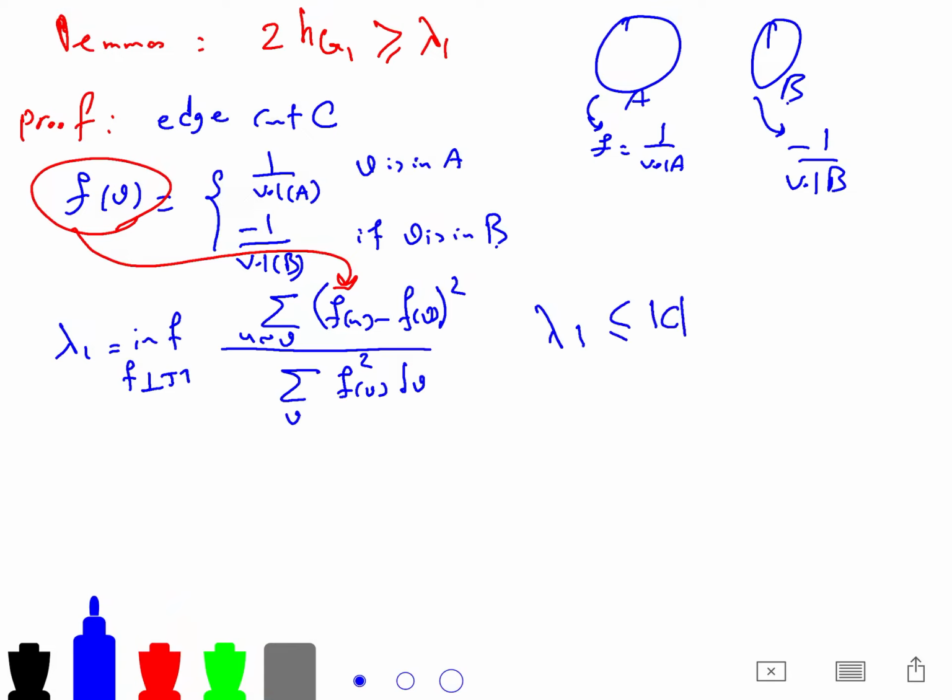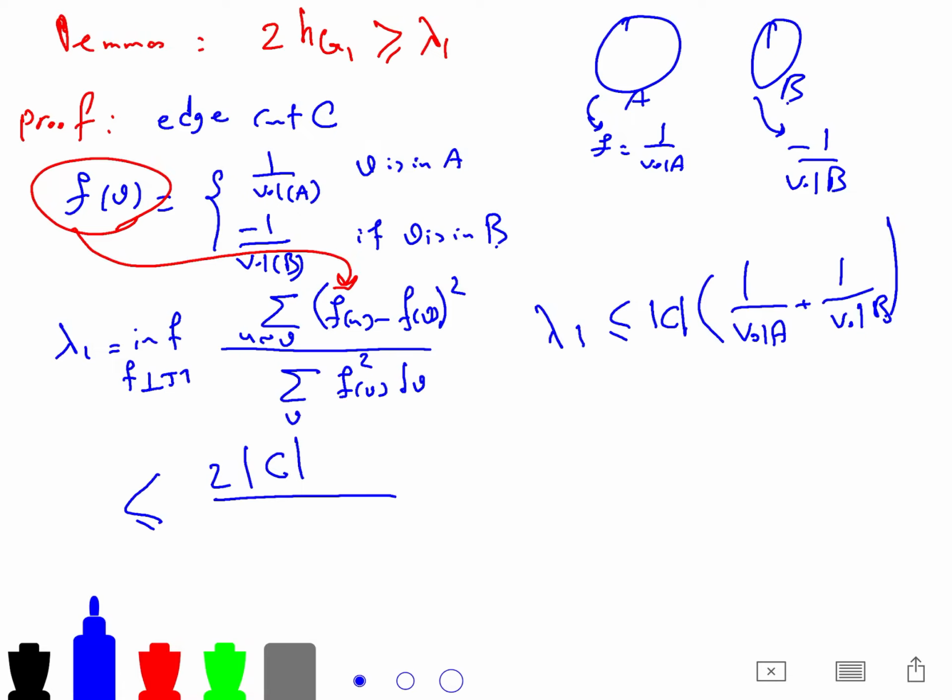you will notice that lambda 1 is upper bounded by the cardinality of C times (1 over volume of A plus 1 over volume of B), and this is less than 2 times the cardinality of C, because C, remember, is the optimum edge cut, divided by the minimum of volume of A and volume of B, and you know this is 2 times your Cheeger constant.